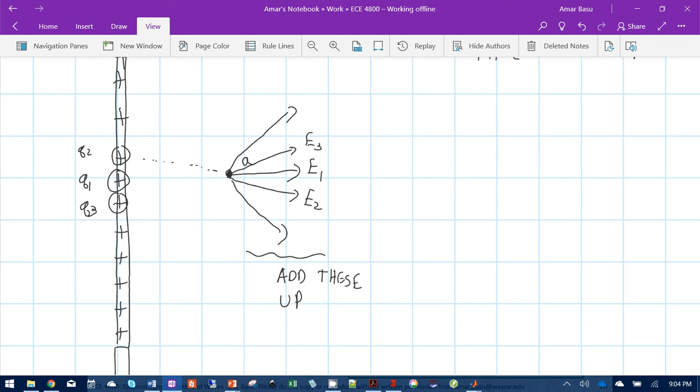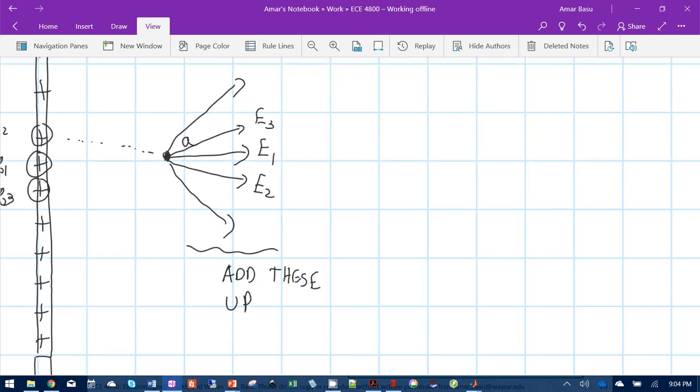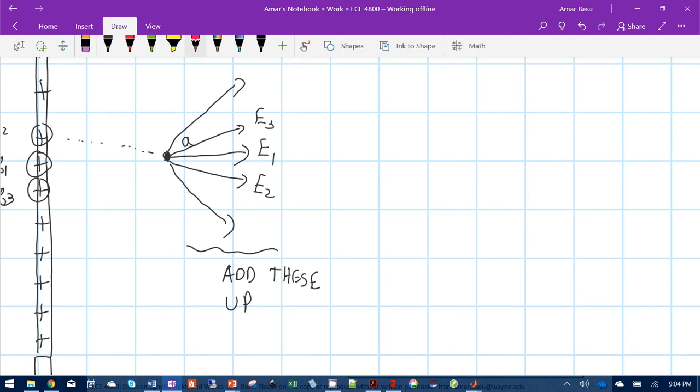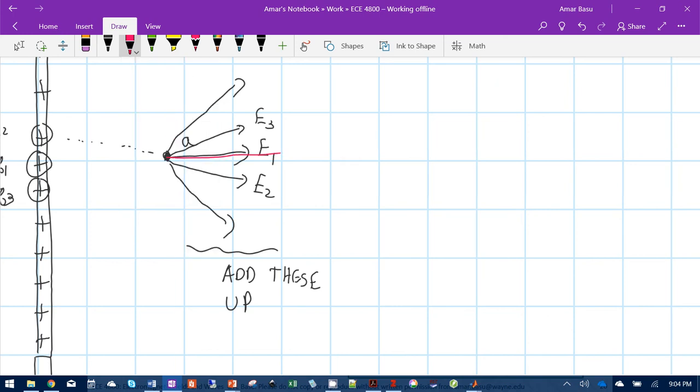Now, I want you to think about something here. Think about this in terms of geometry. What is the total field vector going to look like? Yes, Isaac's got it. This is a very important point here. This is the symmetry. Why, Isaac, why is the total vector, E total, going to look like this? Here, let me draw it in a different color. The total electric field is going to go like this, E total.